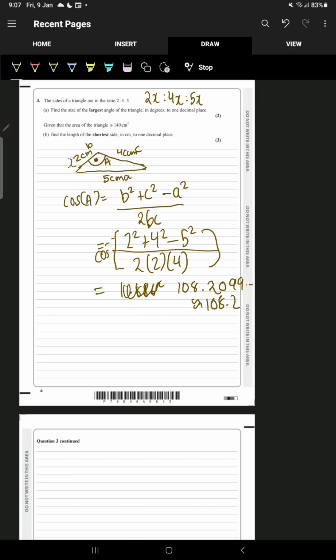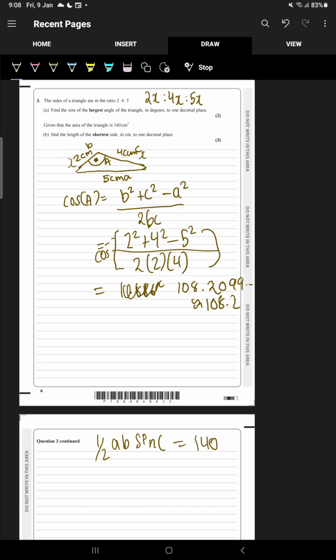Well, we need to find the x factor over here, so we have to use the sine rule formula. Half AB sine of C is equal to 140, and we need to find the value of x, the factor.